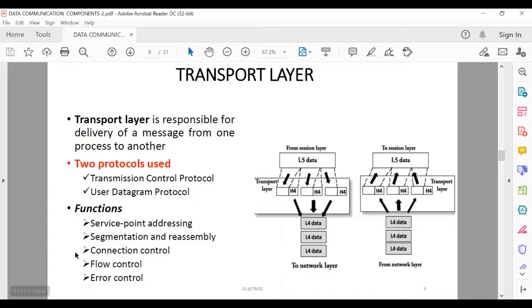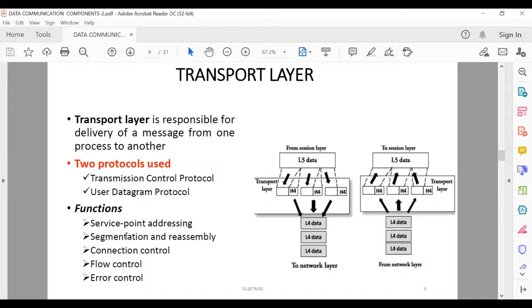The different functions are available, like service point addressing. What is that? Suppose computers run several programs simultaneously. Due to this reason, the transmission of data from source to the destination is not only from one computer to another computer, but also from one process to another process.